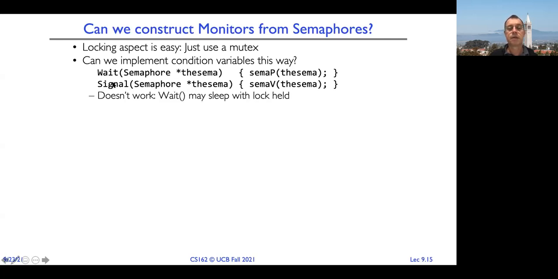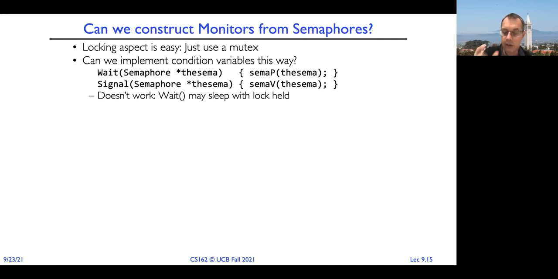So you see things. But the biggest problem here is the wait: if you do that while you are in a critical section, and you have to be in the critical section, then you are going to wait and you are not going to release the lock. That's the key.